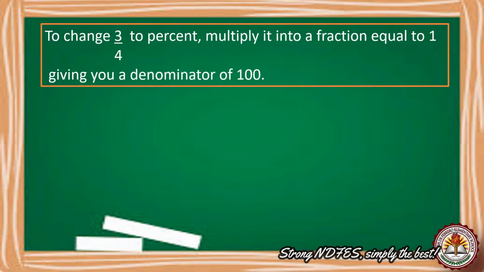To change 3/4 to percent, multiply it by a fraction equal to 1, giving you a denominator of 100. Let us use the fraction 3/4. First, we have to find a fraction equal to 1 to be multiplied. A fraction that is equal to 1 has the same numerator and denominator.